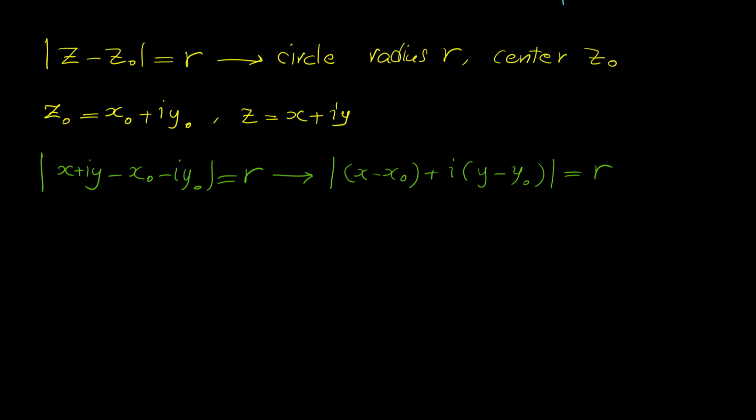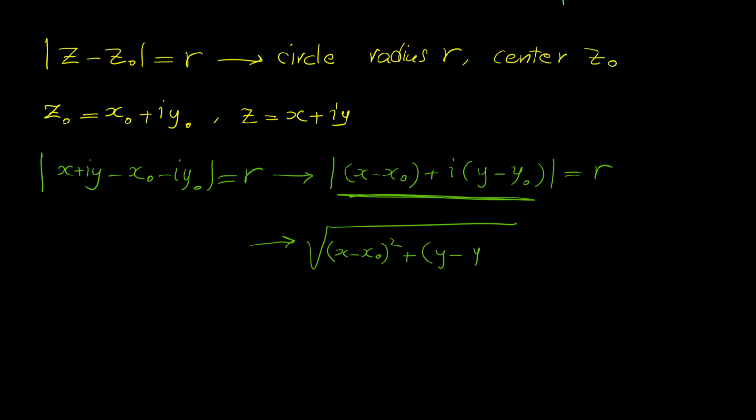Now, remember the definition of modulus or absolute of a complex number. Absolute or modulus of this complex number here is the square root of x minus x0, the real part to the 2, plus the imaginary part to the 2. It should be equal to r.